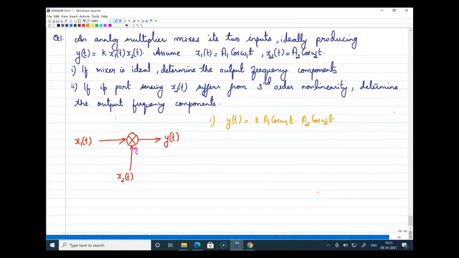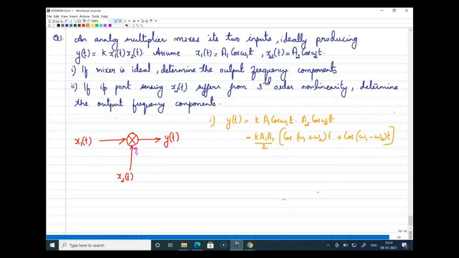That will result in k into a1 a2 by 2 into cos omega 1 plus omega 2 into t plus cos omega 1 minus omega 2 into t. This is your output y of t. All right, so this is the first case.